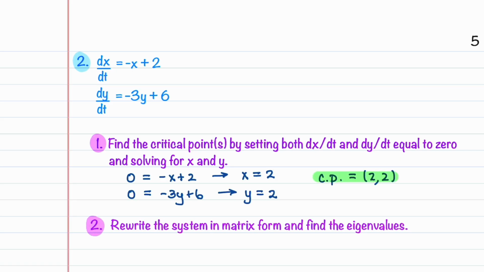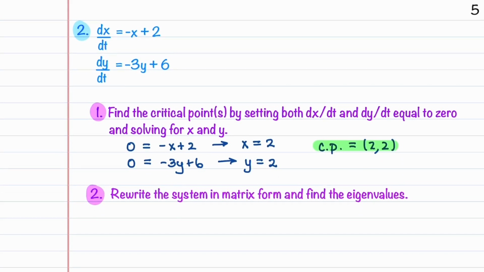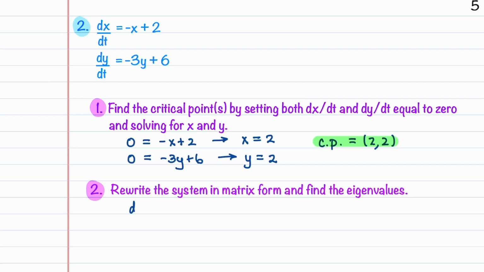In step 2, we're going to rewrite the system in matrix form, and we're going to find the eigenvalues. Our system looks like this. We have d/dt of the vector xy, and now we pull apart the constants from our x and y.